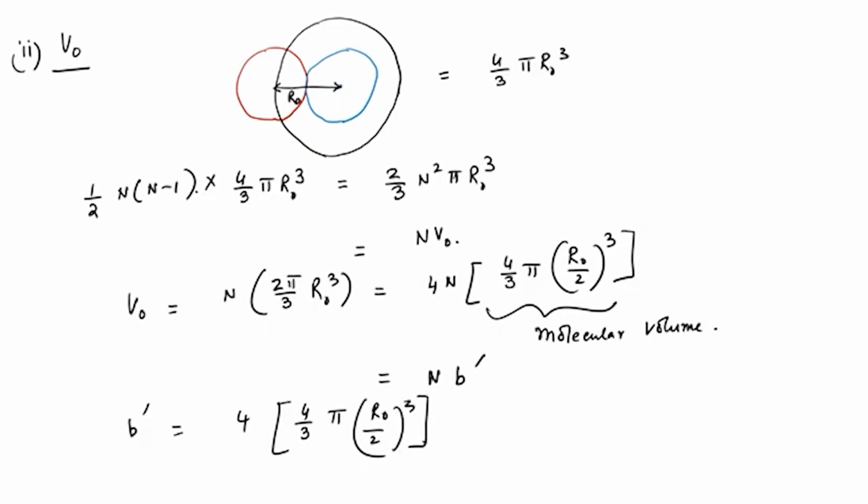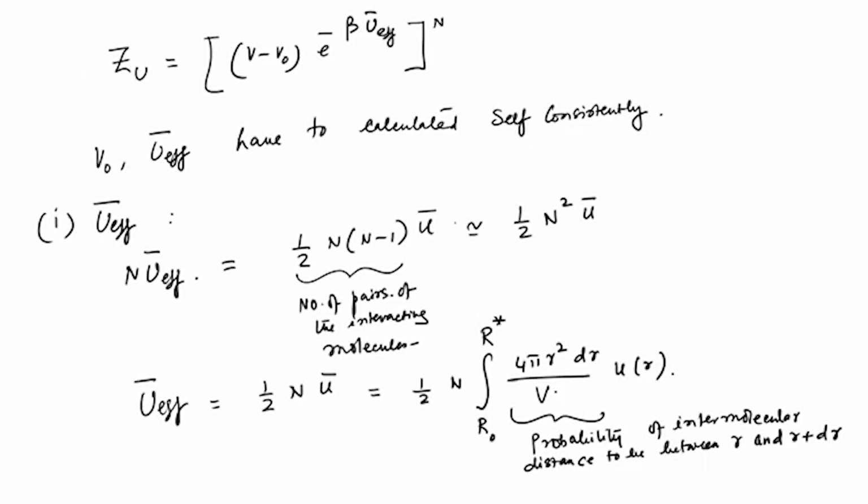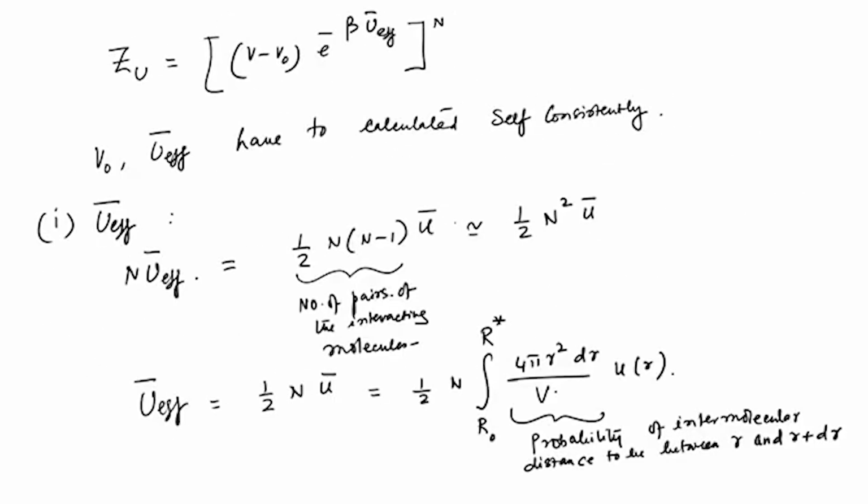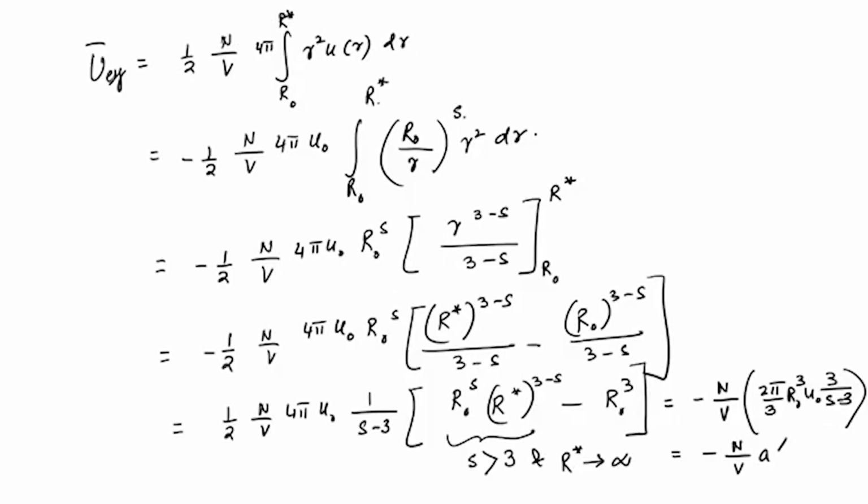So, now we can compute the equation of state. We now have both these quantities that had to be computed, which are u effective and also the V 0, which was there in this form that you see here. If you call this equation 1, then we now have both these quantities that you need.